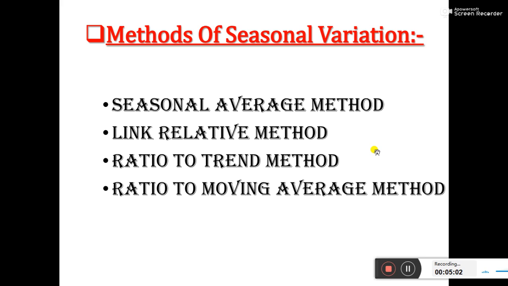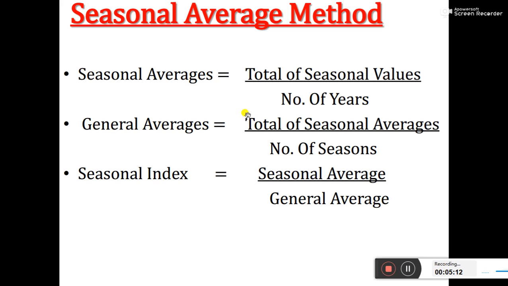Again, there are various methods of seasonal variation like seasonal average method, linked relative method, ratio to trend method, and ratio to moving average method. Here you can see seasonal average equals total of seasonal values divided by number of years. General average is total of seasonal averages divided by number of seasons.